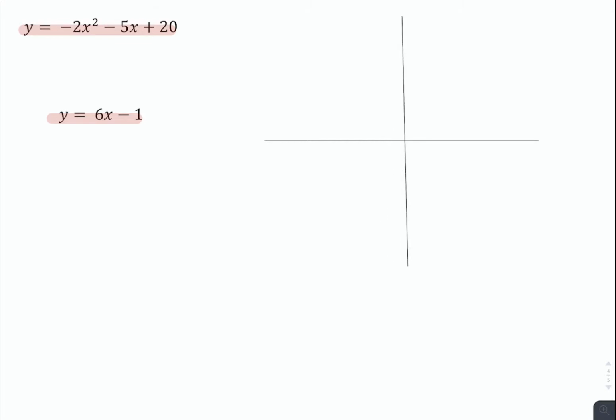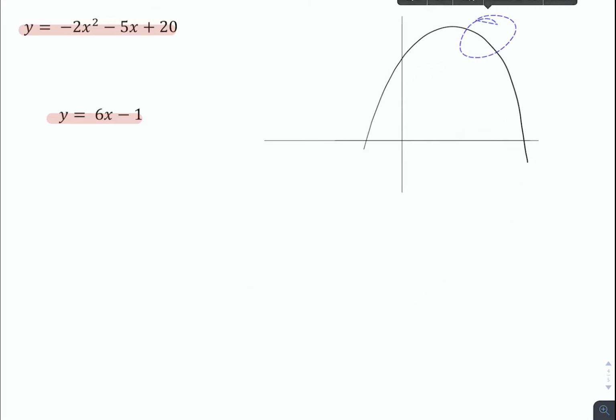So let's draw a rough sketch to kind of get purchase on what this might look like. Over here, I have my quadratic, which is going to open down, and I'm assuming it has two roots, but it could be somewhere down here, but actually it's not. It's actually going to be up here because it does have a y-intercept of 20.